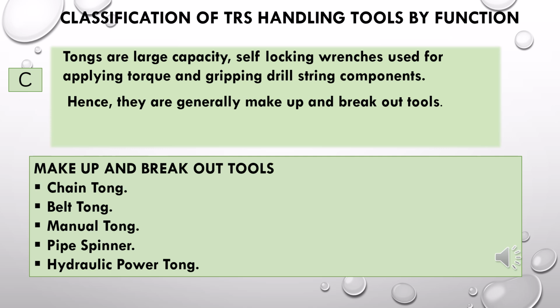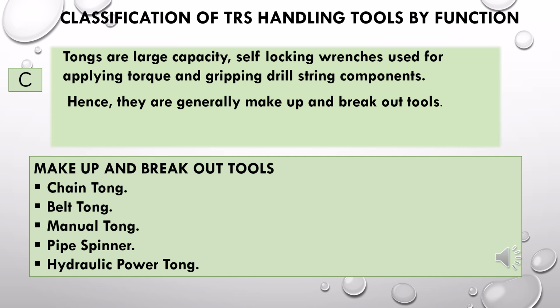These are generally tongue systems. All right, tongue systems, and we say that tongues are capacity. These are large capacity self-locking wrenches used for applying torque and gripping drill string components. Hence, they are generally makeup and breakout tools.